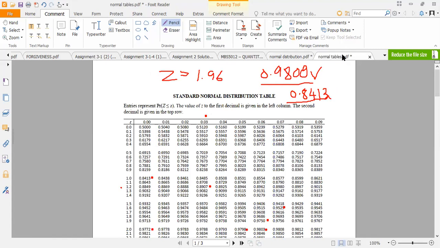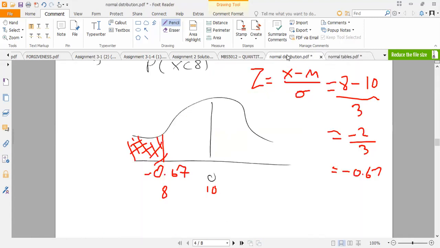What is the reading for 0.67? 0.7486, right? Yes. So that is the reading.